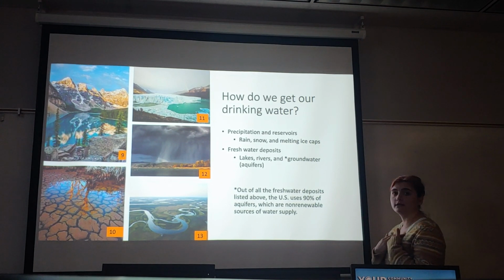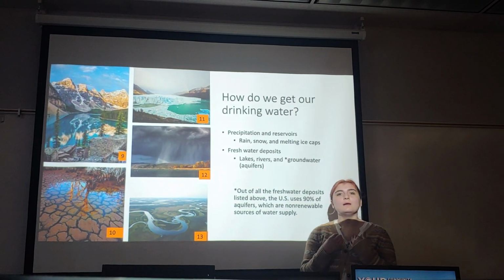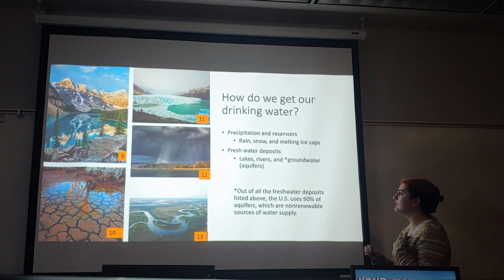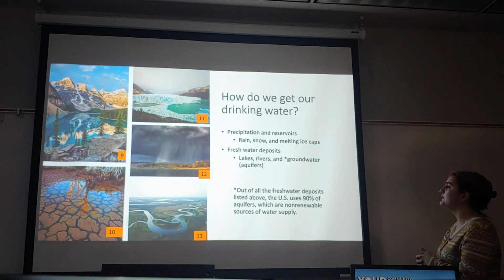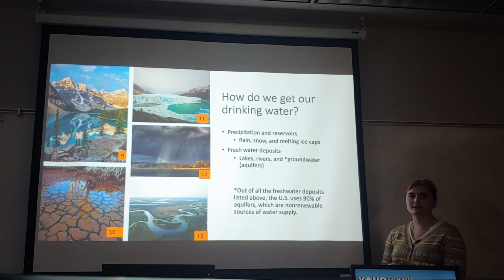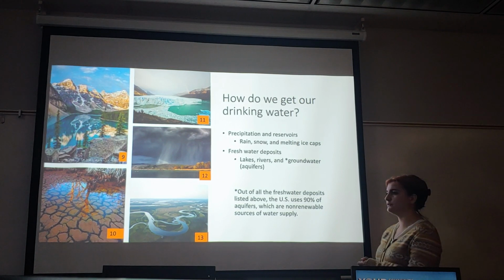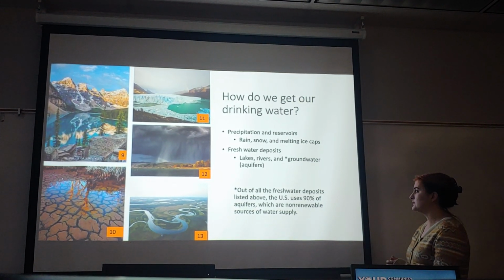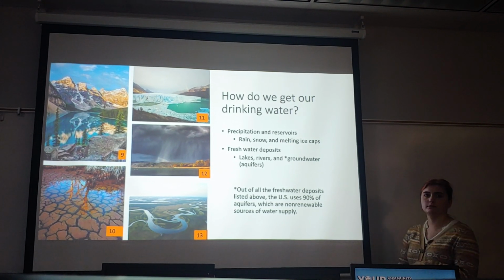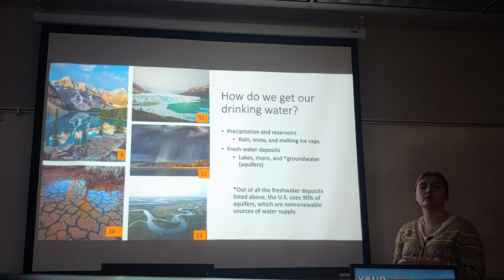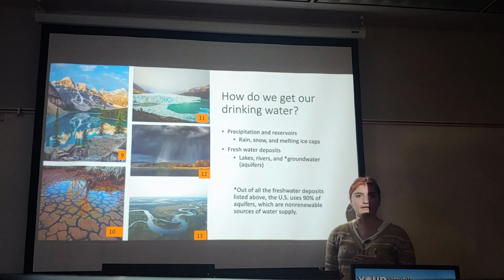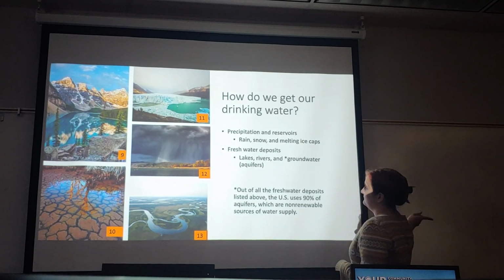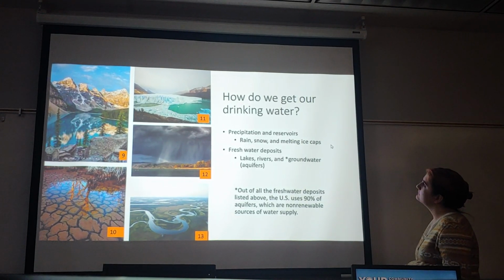Like I said before, the United States mostly uses groundwater, but the problem with that is that out of all the freshwater deposits listed above, the U.S. uses 90% of aquifers to disperse drinking water, which are non-renewable sources of water supply. What that's saying is we're going to run out.